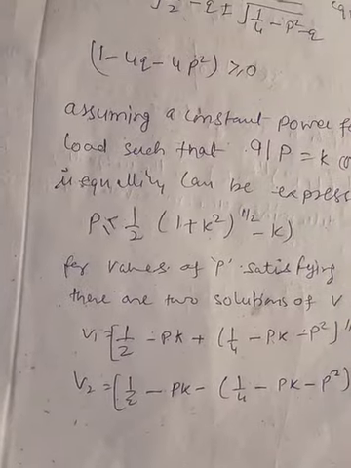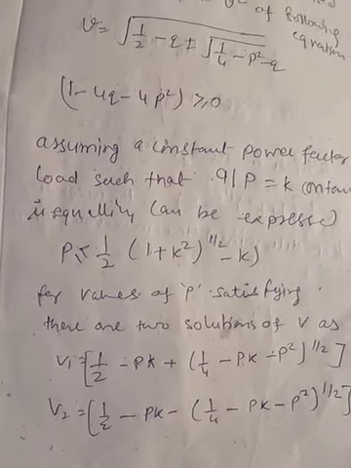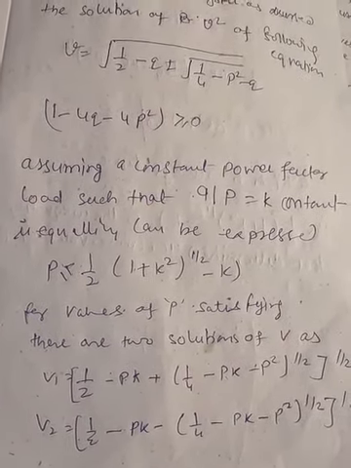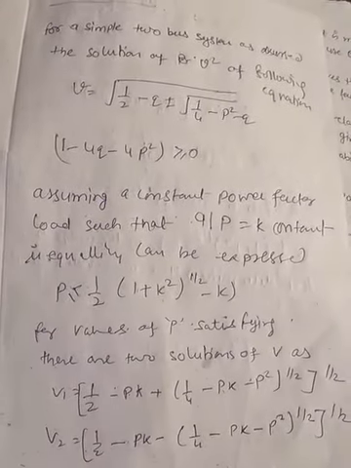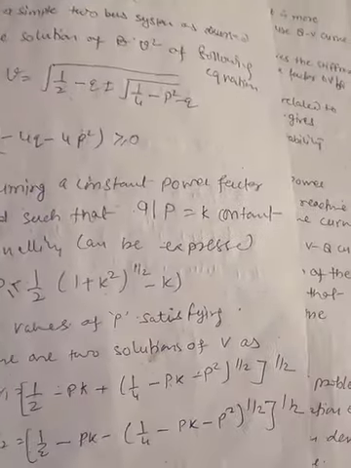Similarly, the V2 solution will be 1 by 2 minus Pk minus 1 by 4 minus Pk minus P square 1 by 2 1 by 2.